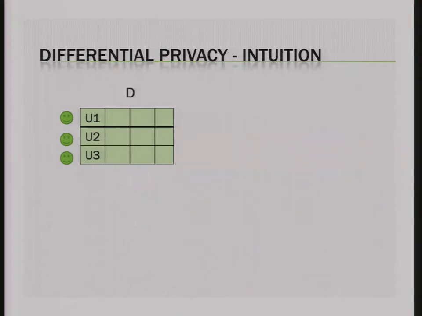So differential privacy tries to achieve this by making the output of the algorithm that runs on this database randomized. By this I mean that you run a randomized algorithm on this database, and then you get a probability distribution over the output that you are actually releasing. In this case, for instance, it could be a Gaussian centered around the mean salary of the city.